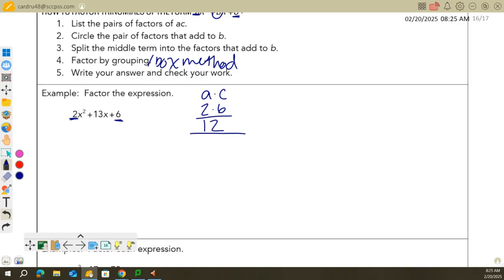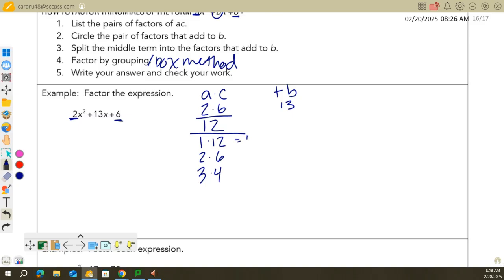Now we're going to list all of those factor pairs: 1 times 12, 2 times 6, and 3 times 4. That's everything that will multiply to give me 12. And we want to know which of these is going to add to b, and b is 13.